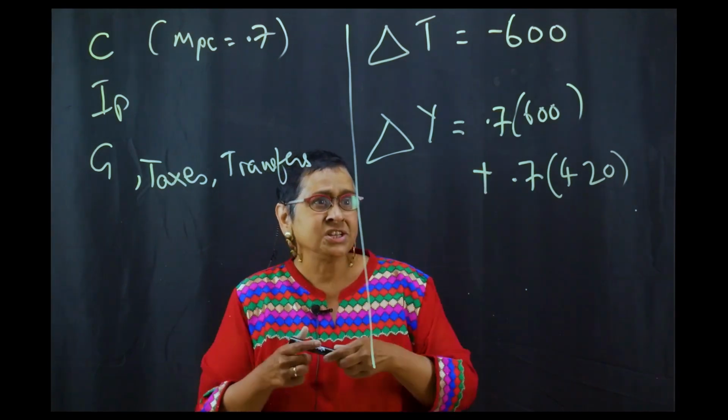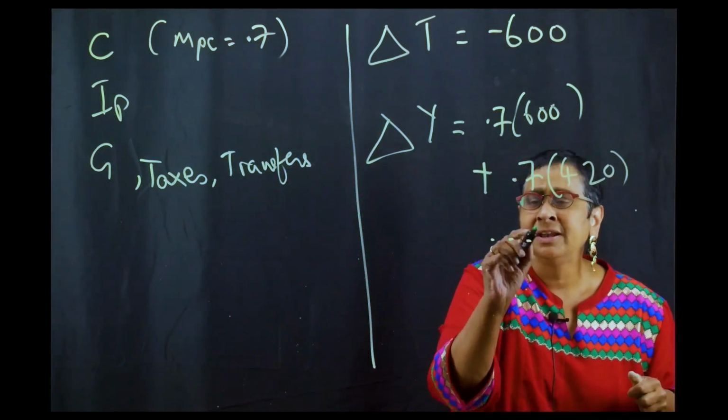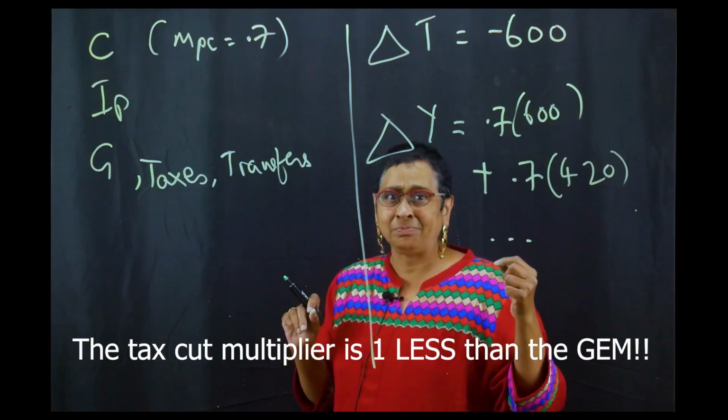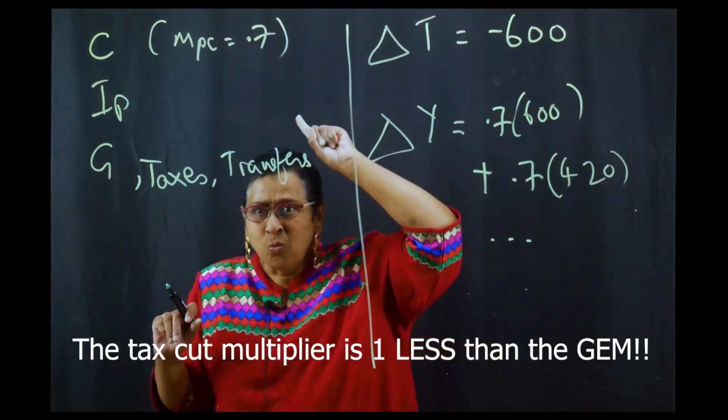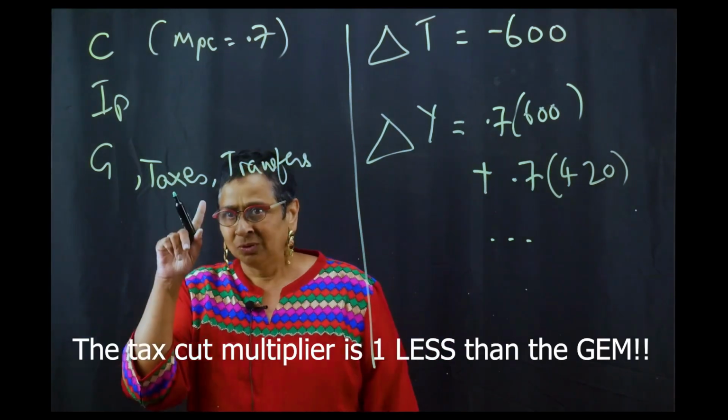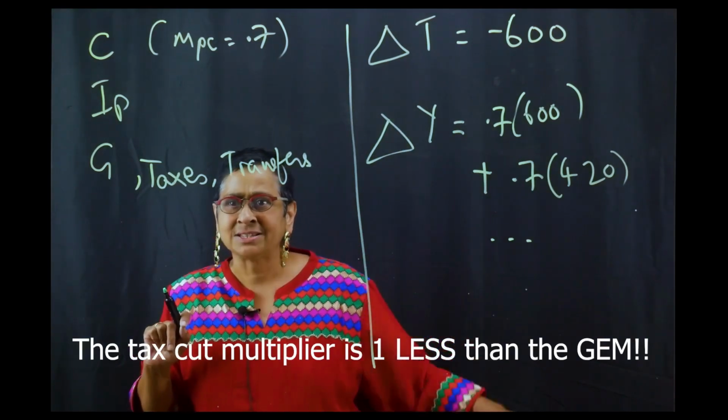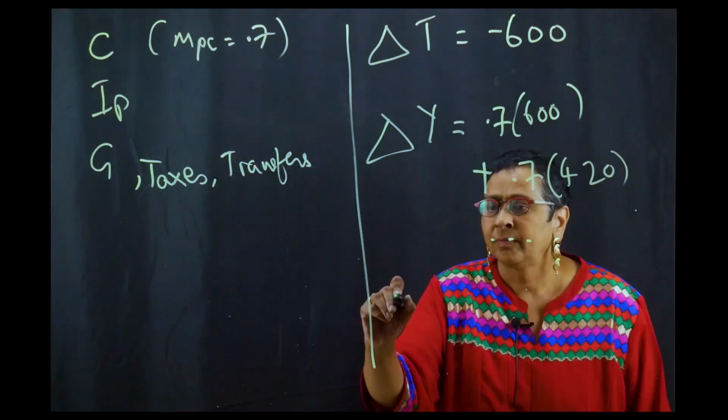And if I continue this chain, what you're going to find is that the tax multiplier, because that first term is missing, is one term less than the government expenditure multiplier.